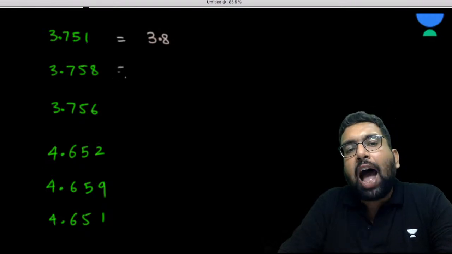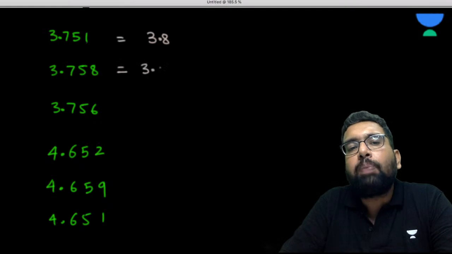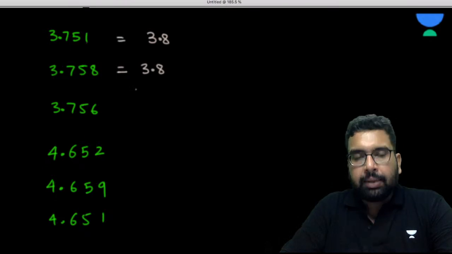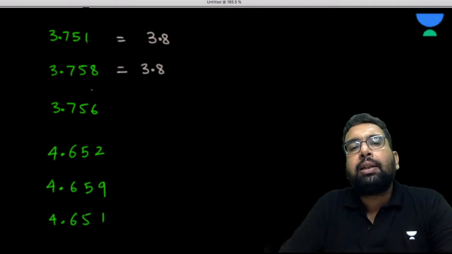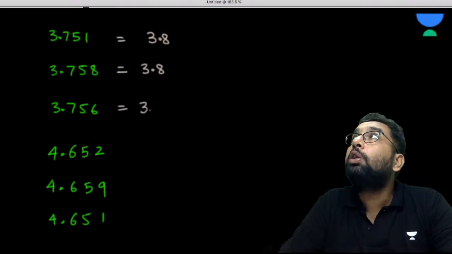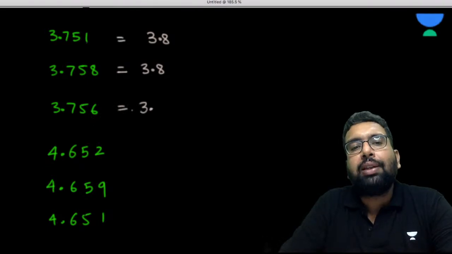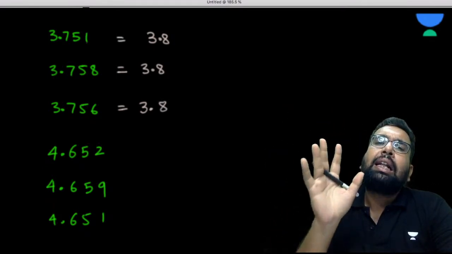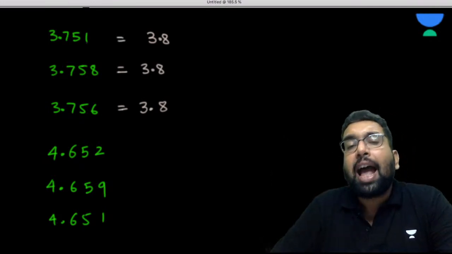Here also, after 5, we have a non-zero number, so we have to increase this 7. Again here 6 is a non-zero number, so we have to increase this 7. You don't worry whether it is greater than 5, it is greater than anything, but it has to be non-zero.